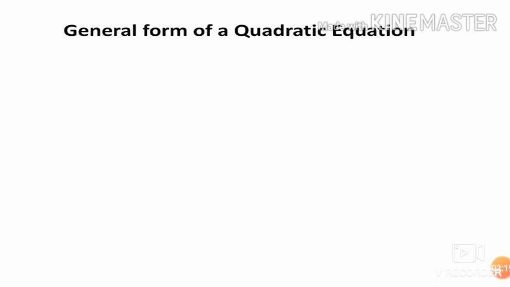Now recall, in chapter polynomial, we had learnt different types of polynomials based on the degree: linear polynomial, quadratic polynomial, and cubic polynomial. So what is a quadratic polynomial? A polynomial with degree 2.